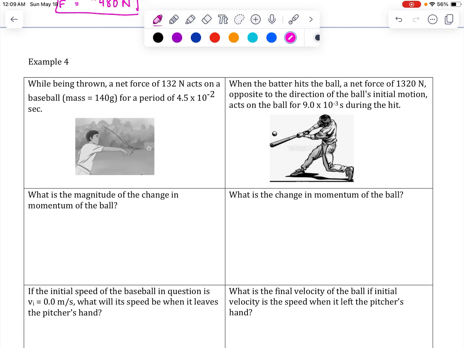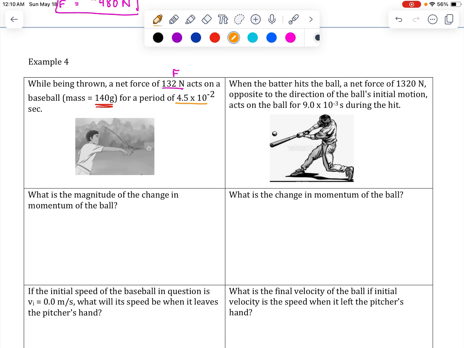This is our last example of impulse calculations. It says, while being thrown, a net force of 132 newtons acts on a baseball whose mass is 140 grams for a period, that means time, of 4.5 times 10 to the negative 2 seconds.